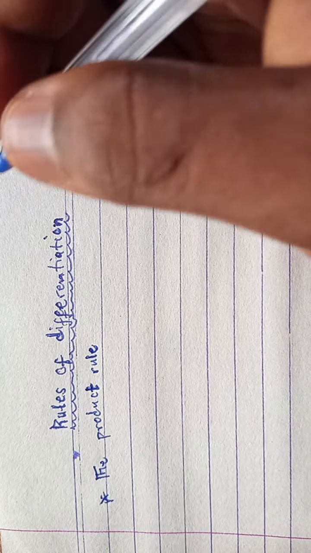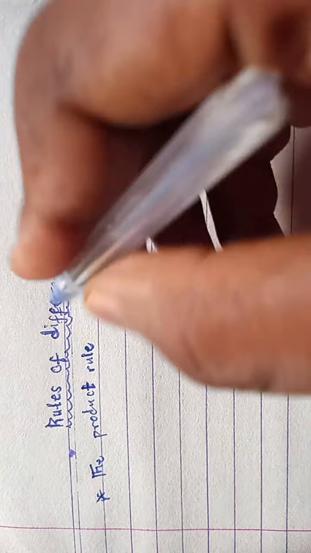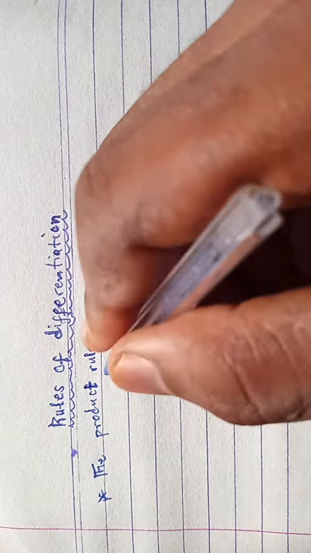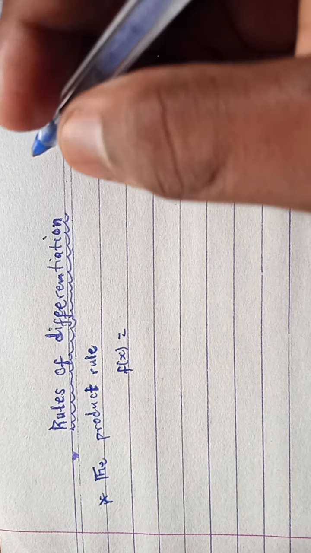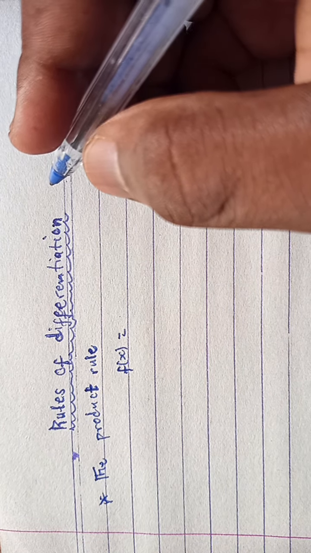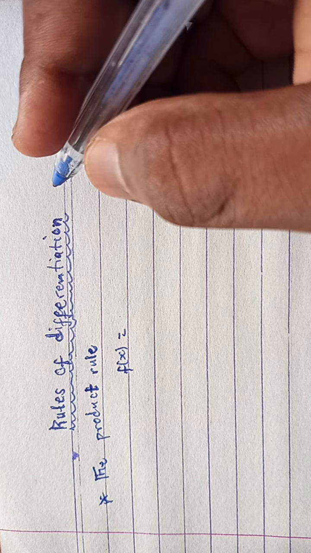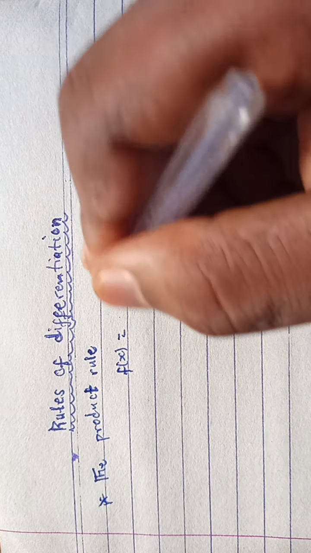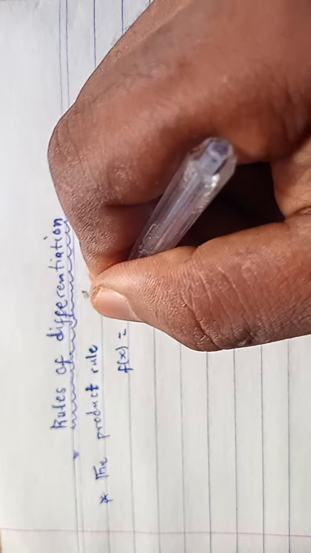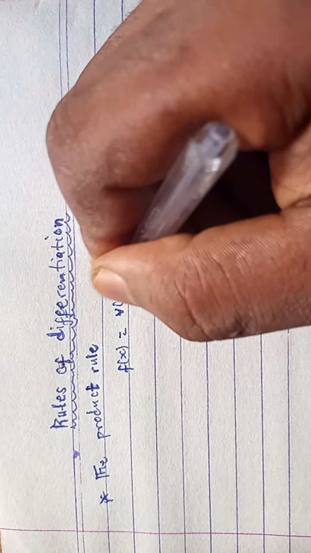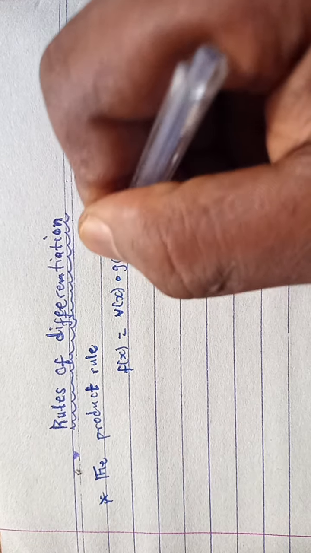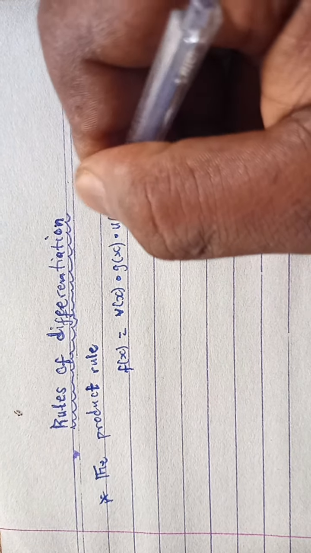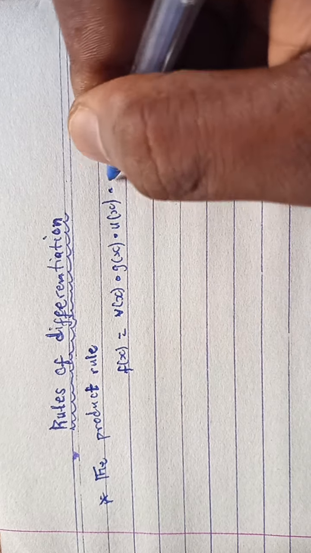We use it where a particular function is equal to the product of as many functions as you can think of, like f of x is equal to v of x multiplying by g of x multiplying by u of x, in that order.